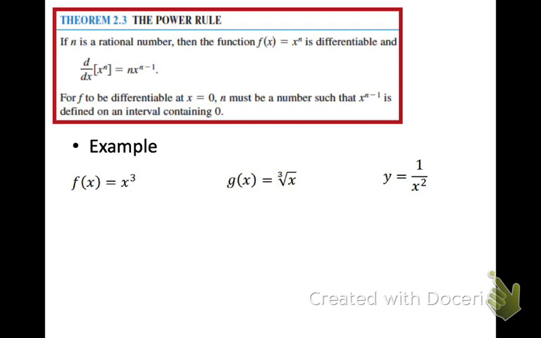So what just happened here? The n goes where? Out in front, yes? And you subtract 1 from the exponent. That is the rule. So if it was me, I would probably just write that in power rule.